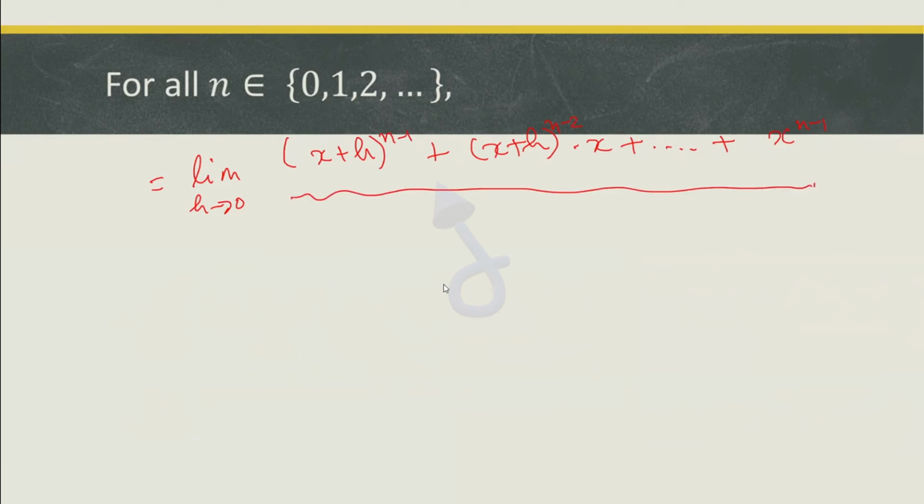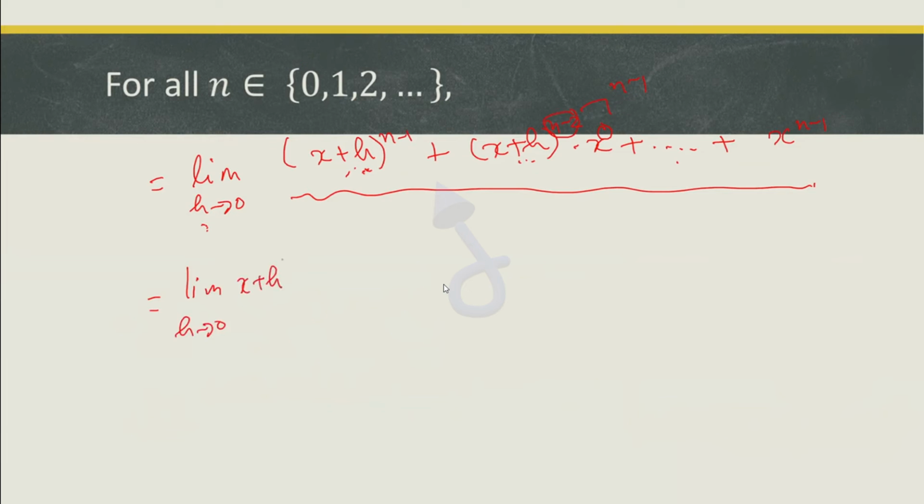Tapos, pwede natin ma-apply yung limit. Kasi puro lang naman h yun eh. Di ba? X plus h, x plus h, x plus h. Tapos alam rin natin na yung sum ng exponent dito at dito palaging n minus 1. Di ba? So, halimbawa, i-distribute natin yung limits.